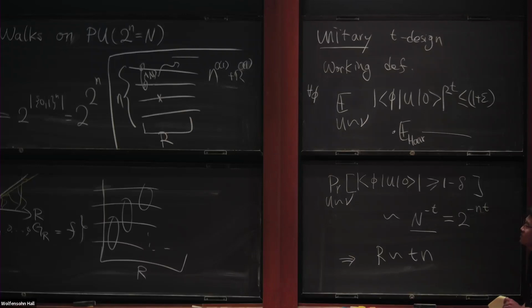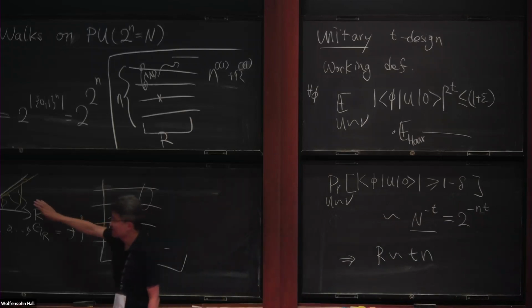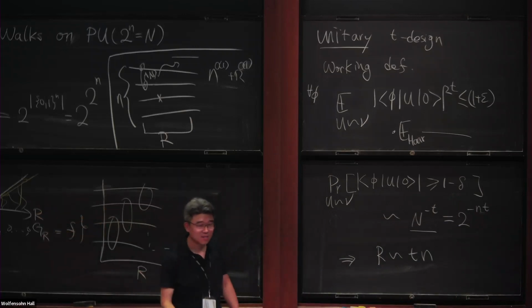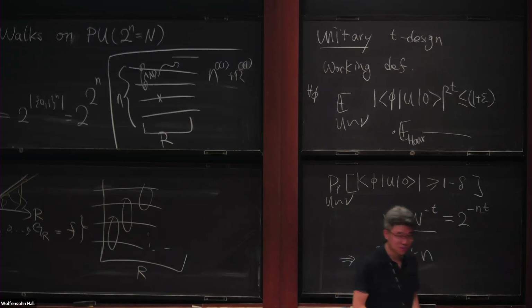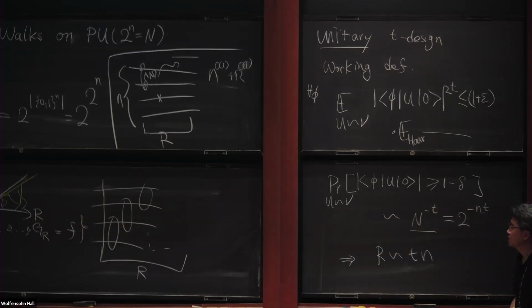So we could hope to prove this if we could generate a unitary T design or a permutation T design more efficiently. If the design property increases over time as we add more and more layers, then that will immediately imply, by counting arguments, a bound on the circuit complexity.